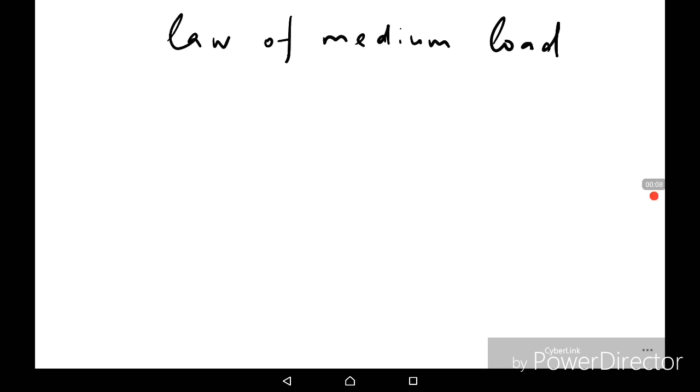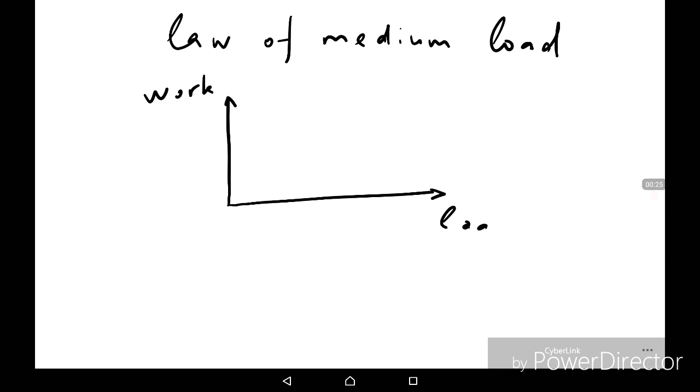The law of medium load. This law states that the maximal work is achieved when the load on the muscle is average.